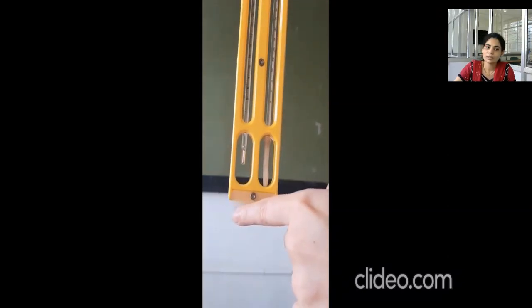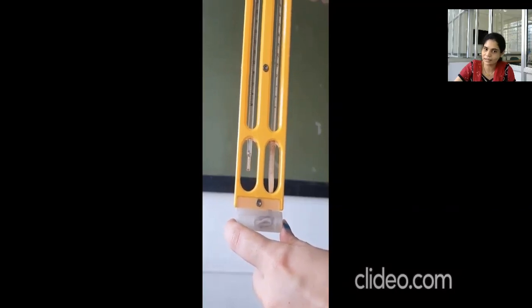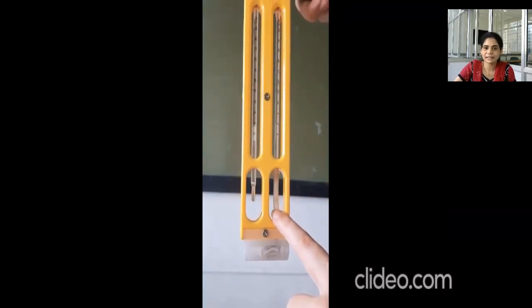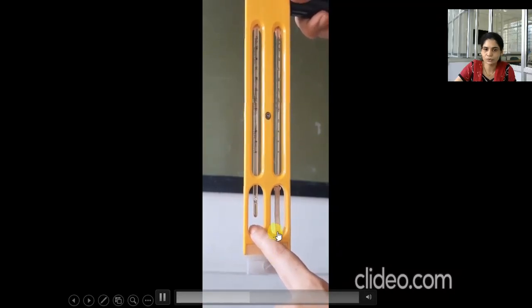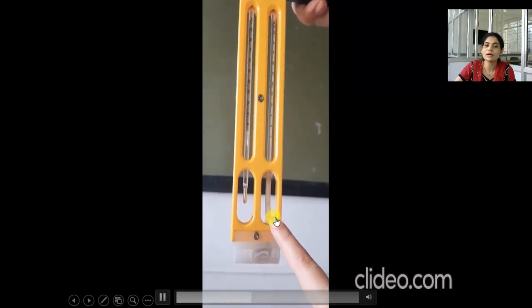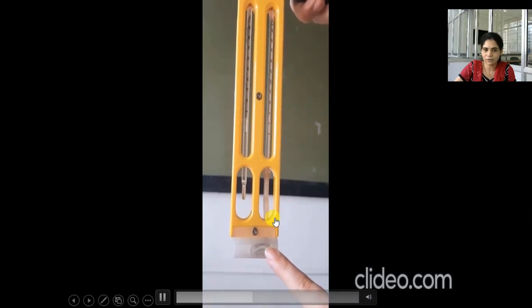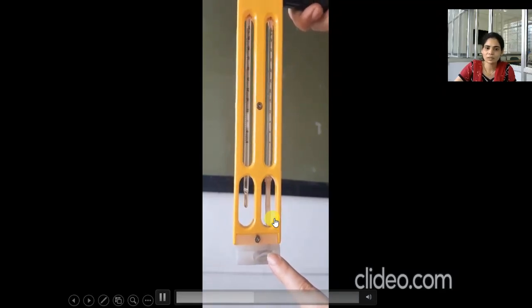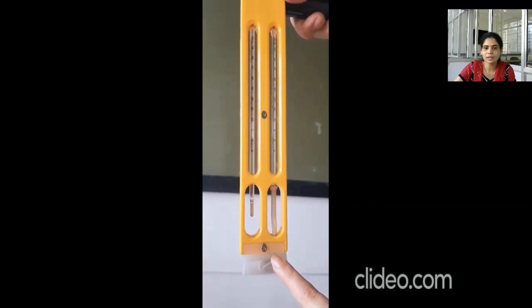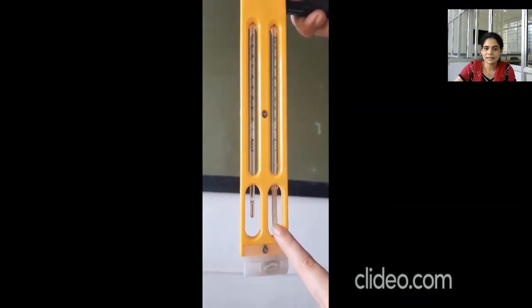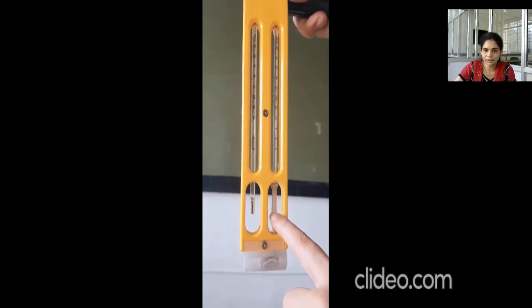The cloth is wrapped inside this casing. So this is the wet bulb thermometer and this is the dry bulb thermometer. What we are going to do is wet this cloth, and due to capillary action, the water will rise along the whole length of the cloth.